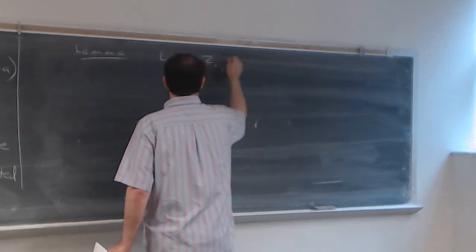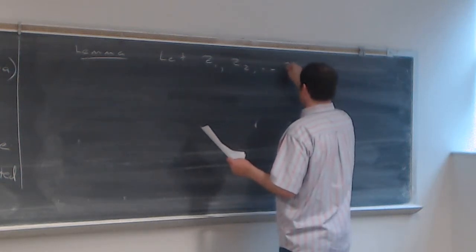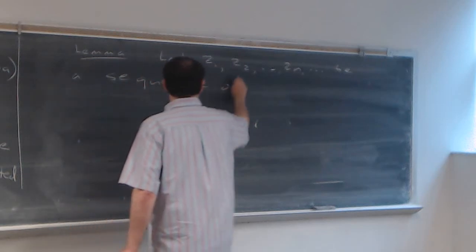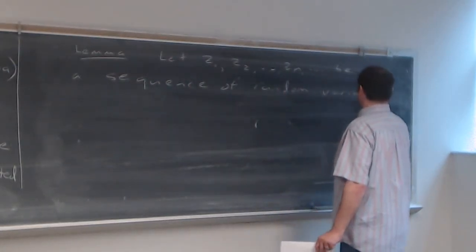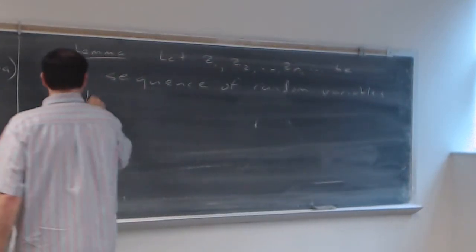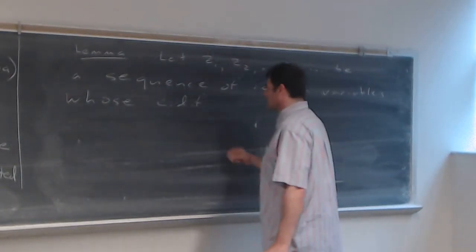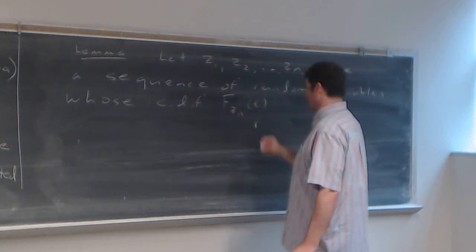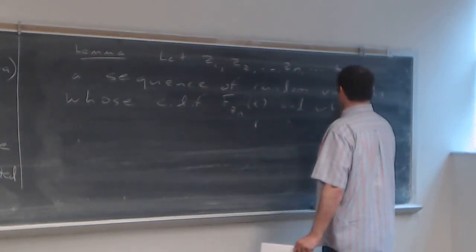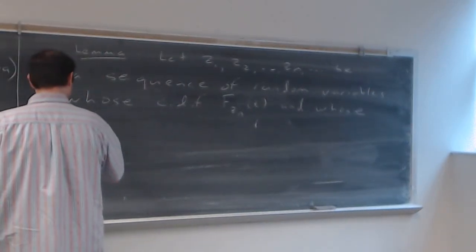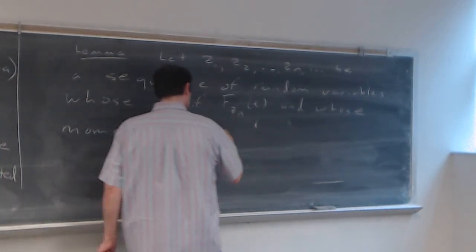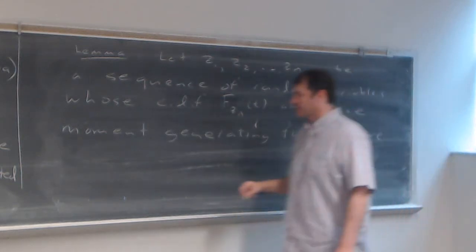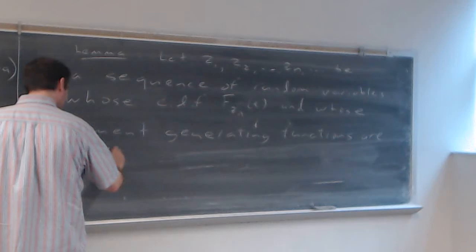Let Z sub 1, Z sub 2, forever, up to Z sub n and beyond, be a sequence of random variables whose CDFs, cumulative distribution functions, are denoted by F sub Z n of t, and whose moment generating functions are, here's the way I denote them, phi sub Z n of t.